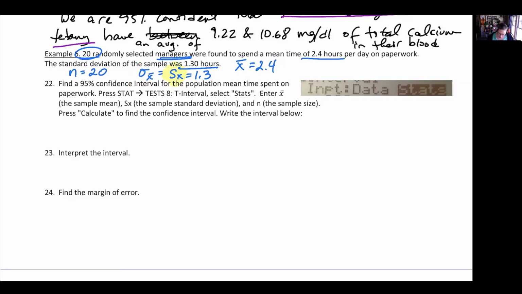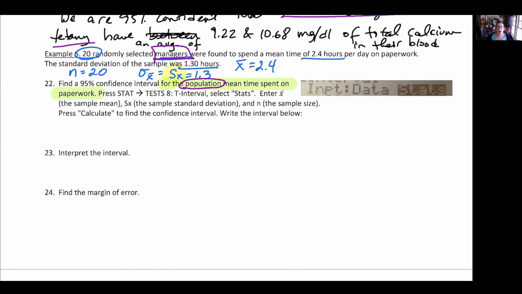So we want to find a 90% confidence interval for the population. See here it says "for." That's a hint that what's happening next is telling you both the population and the parameter: the population mean time spent on paperwork. Well, what's the population here? That's where this came in, right?